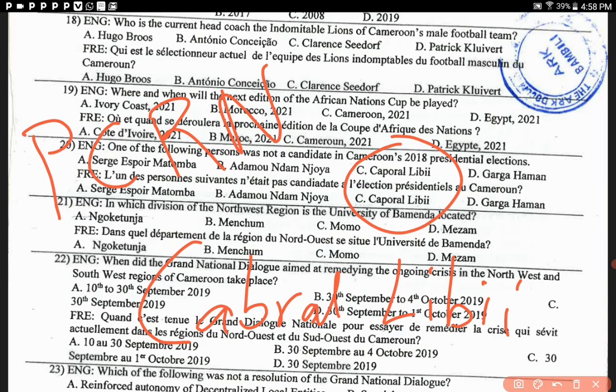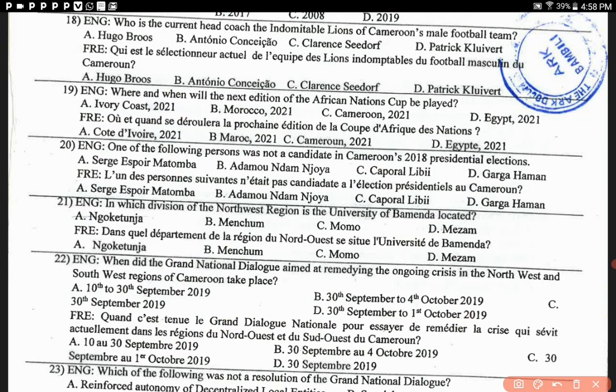Question 21. In which division of the Northwest region is the University of Bamenda located? Now, the answer should be D, no? D, Mezam, right? It's not in Ngoketunjia, Menchum, Momo.